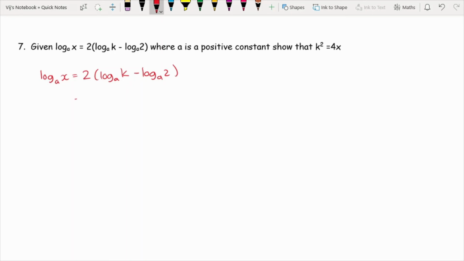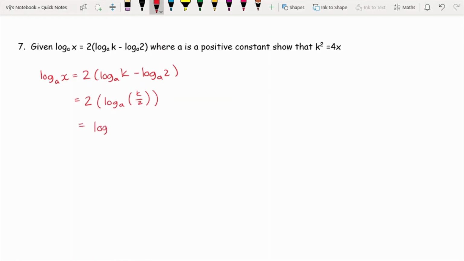Now, from this, I'm going to leave the 2 as it is. I'm going to try and simplify what's in the brackets first. When we're taking away, we are dividing. So I get a, and it's going to be k over 2. And then this 2, as it's in front of the logs, can turn into a power.